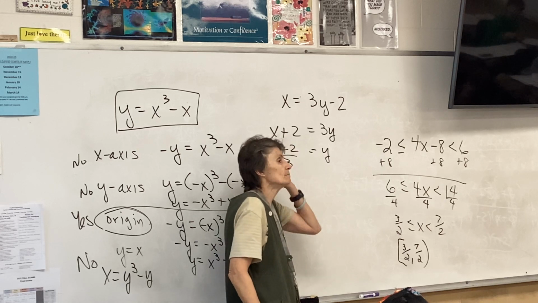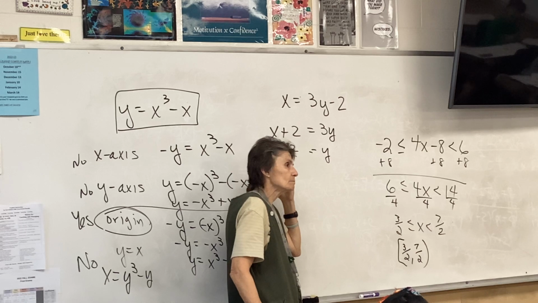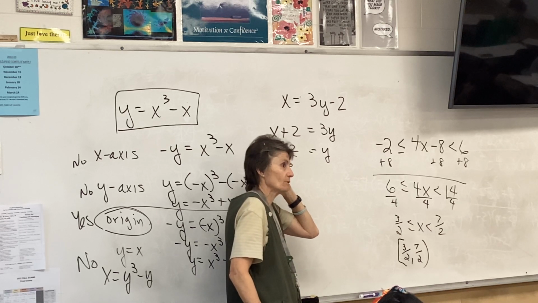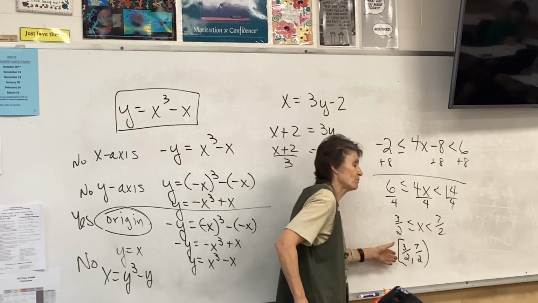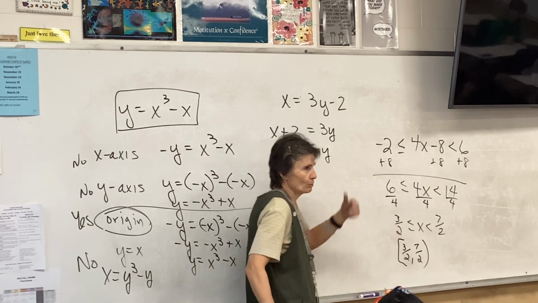Brady asks, are there any number lines on the final? There will be problems that involve number lines on the final, yeah. Now, I honestly don't remember saying, graph your solution. We're a little old for that, probably. So just find it and move on.